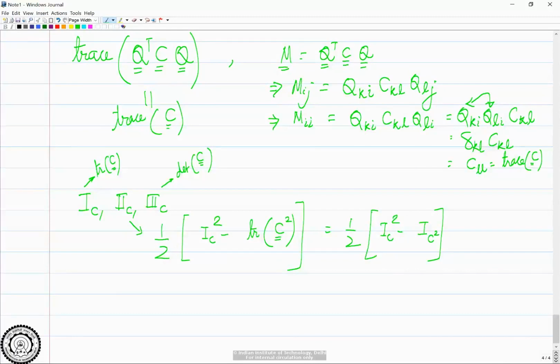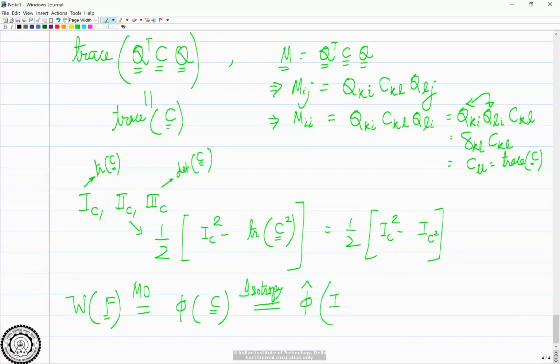Okay, so this means that the energy will finally, so phi of C. We started with W of F, which was most general, which became phi of C through objectivity. And then using isotropy, it becomes some other function, let us say phi hat, but only of the invariants.